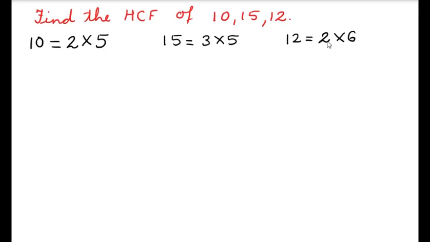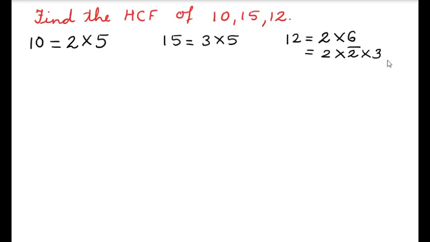See how I am going to write. 12 is equal to 2 into, what are the factors of 6? 2 threes are 6. So see students, we have got factors of all the given numbers. 10's factors are 2 into 5. 15's factors are 3 into 5. 12's factors are 2 into 2 into 3. So these all are the factors.